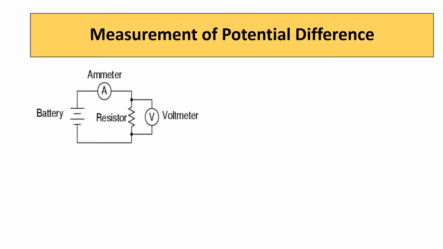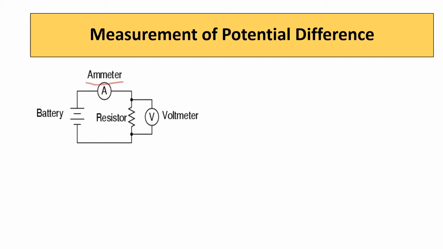This is a simple circuit diagram where a battery is shown and this is a resistor, and you have to find out the voltage or the potential difference across the resistor. You connect the voltmeter across those points. This voltmeter will give you the potential difference or the voltage.